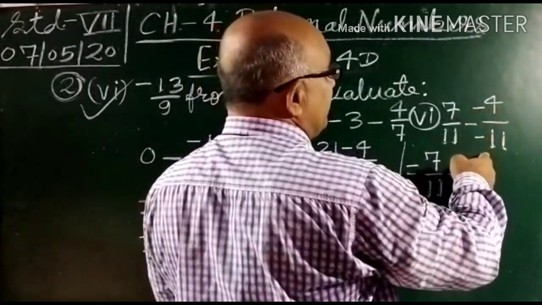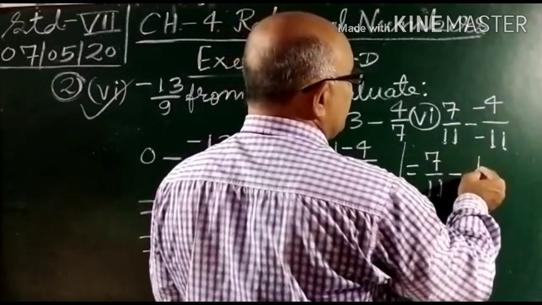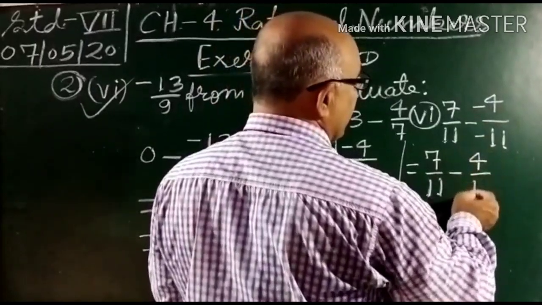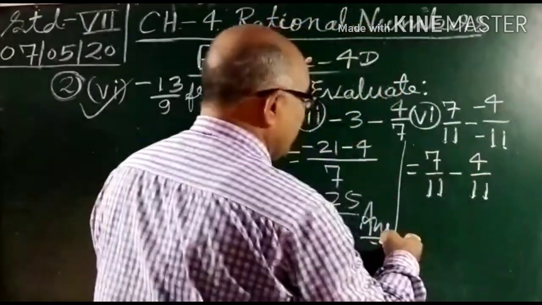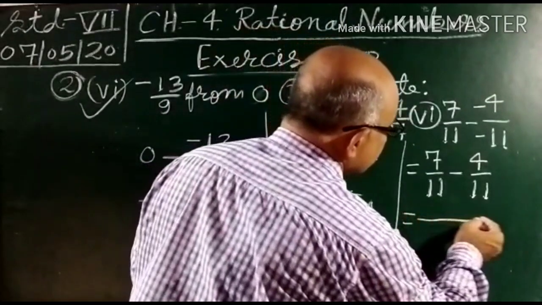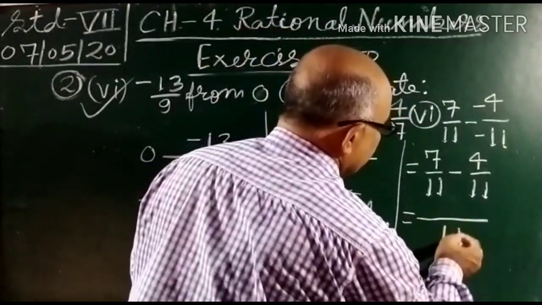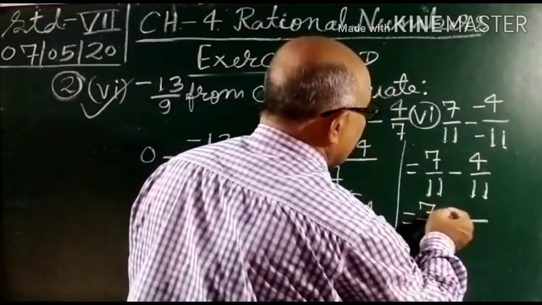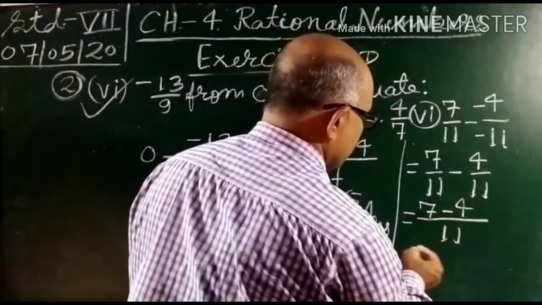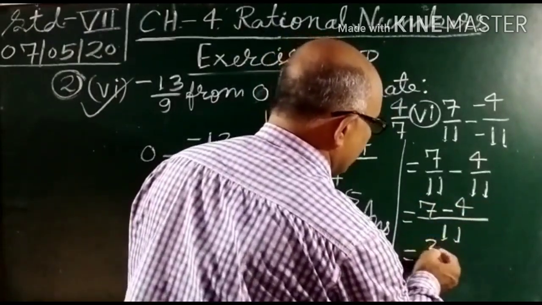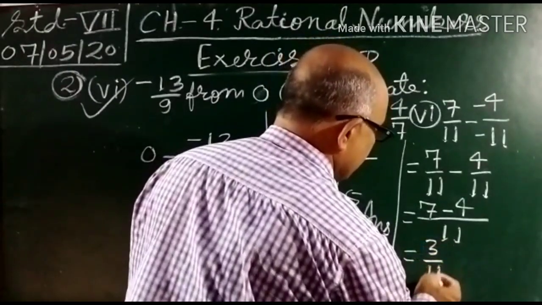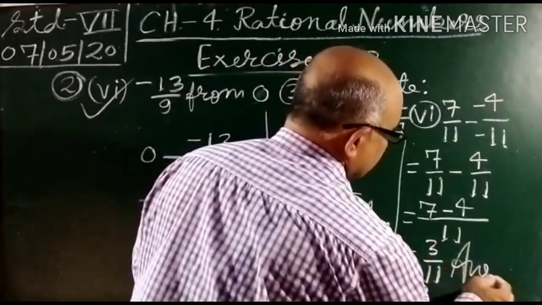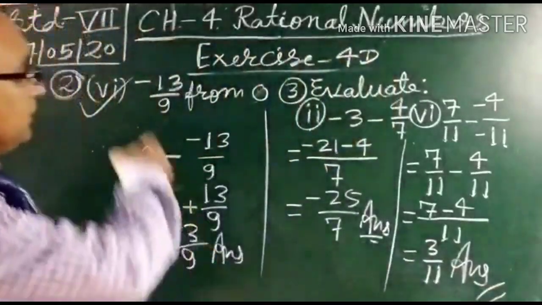So minus 4 by minus 11 changes into 4 by 11. Now take LCM, which is 11. So 7 minus 4 equal to 3 by 11. Answer of this question. Write it.